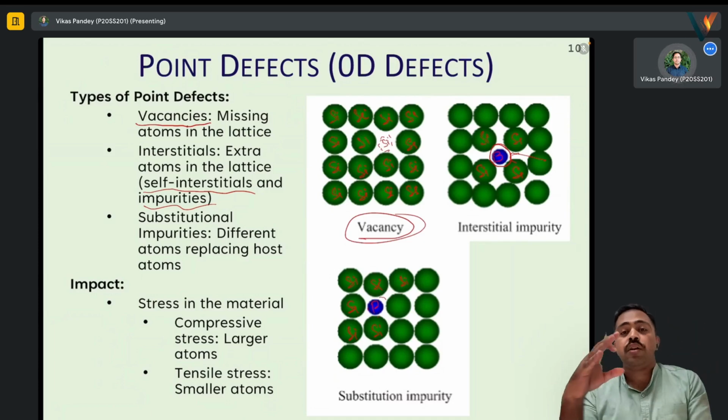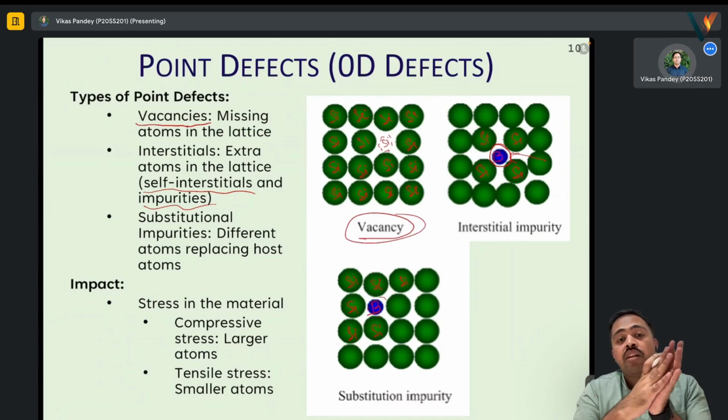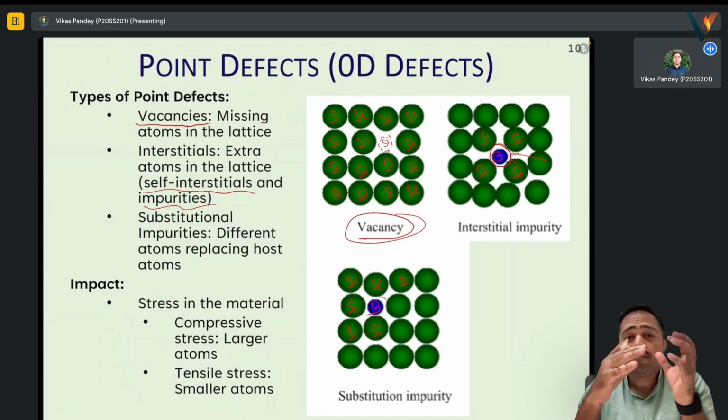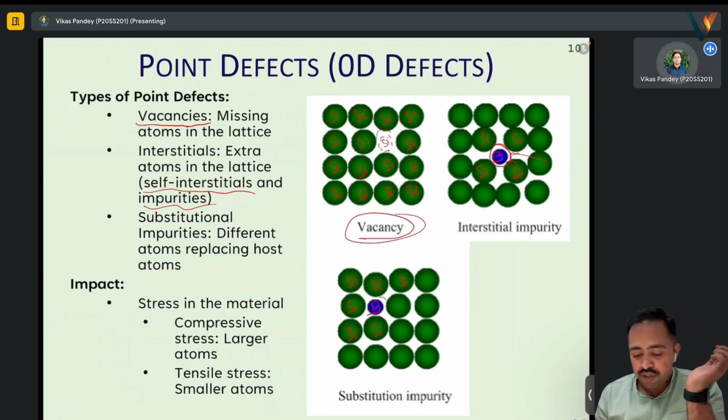So if you see all these figures, you will notice one thing. Whenever these defects are happening, there is some irregularity coming out, like the lattice is not a perfect lattice now. When there is something missing, you see this pattern.